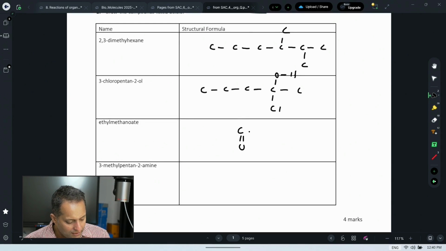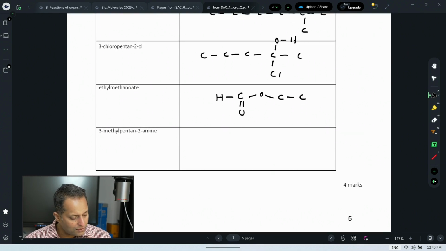Just draw the ester functional group. This is the lonely oxygen, that belongs to ethanol. Ethanol has got 2 carbons, methanoate only 1 carbon. We got that carbon already here. So you have to put a hydrogen there. Okay, make sure you put the carbons.